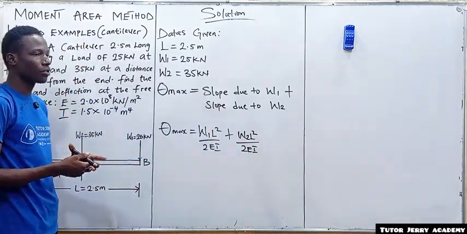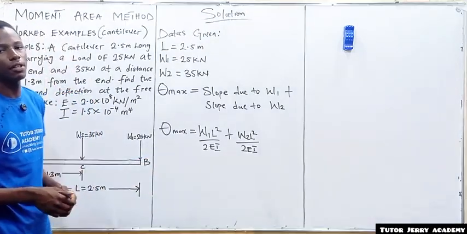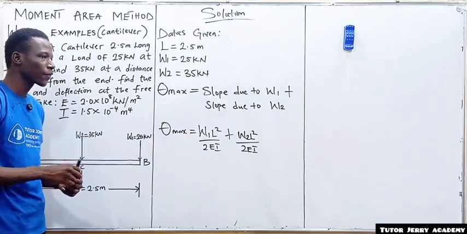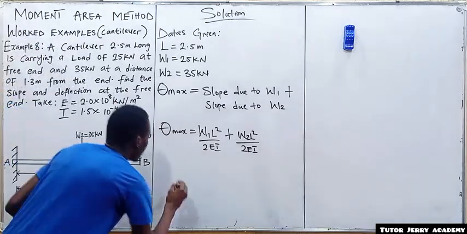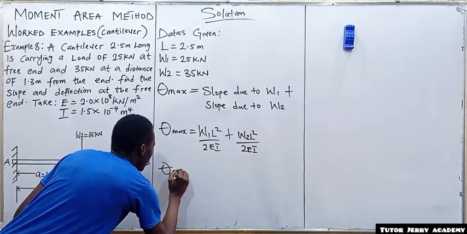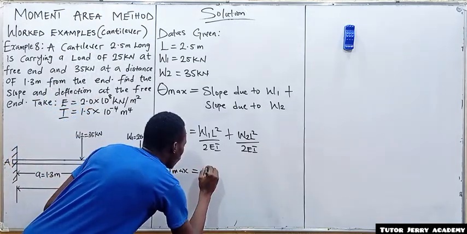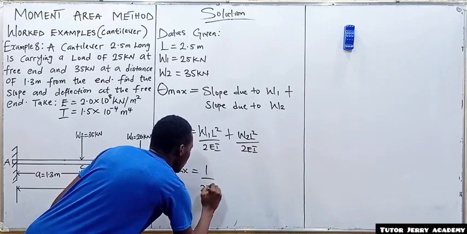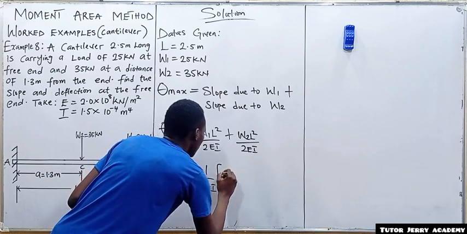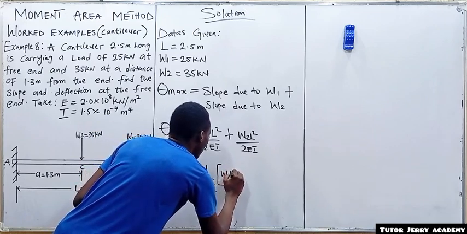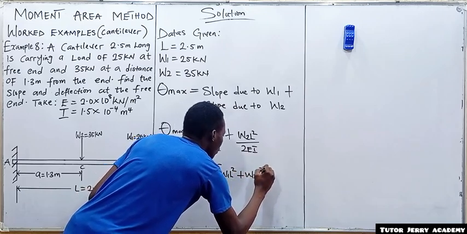All we just need to do is substitute the values, and we can find the maximum slope. In this case, we can factor out 1 over 2EI. If we factor out 1 over 2EI, we have theta max equal to 1 all over 2EI into the bracket of W1 L square plus W2 L square.